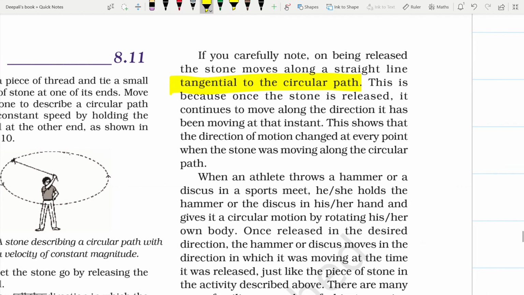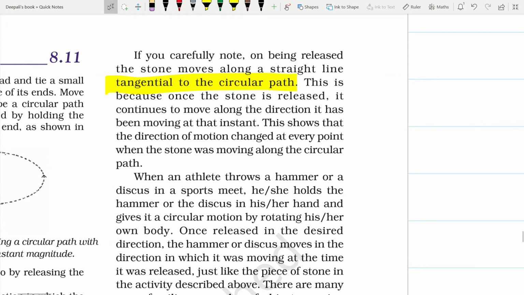This is because once the stone is released, it continues to move along the direction it has been moving at that instant. This shows that the direction of motion changes at every point when the stone is moving along the circular path.